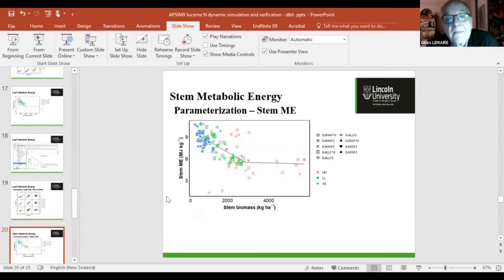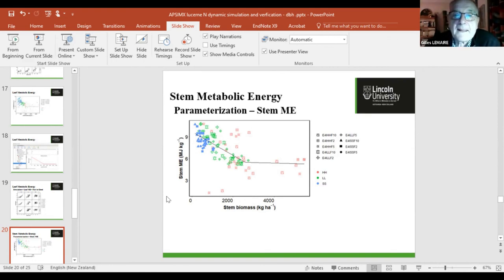It is clear that you have a tendency, not absolute, but a tendency to have a decline in metabolisable energy as stem biomass increases. Here at the end you have a plateau, but this plateau is only obtained with a few data points. We cannot say exactly what it is, but you have a tendency to have a decline.